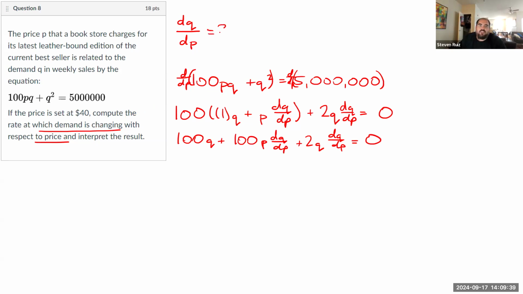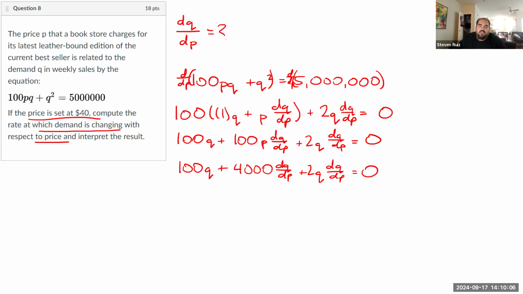So I want to find an expression for dQ/dP, and I think we can assume that P is $40, so we can go ahead and set that now. So 100Q plus 100 times 40, so 4,000 dQ/dP plus 2Q dQ/dP equals 0.